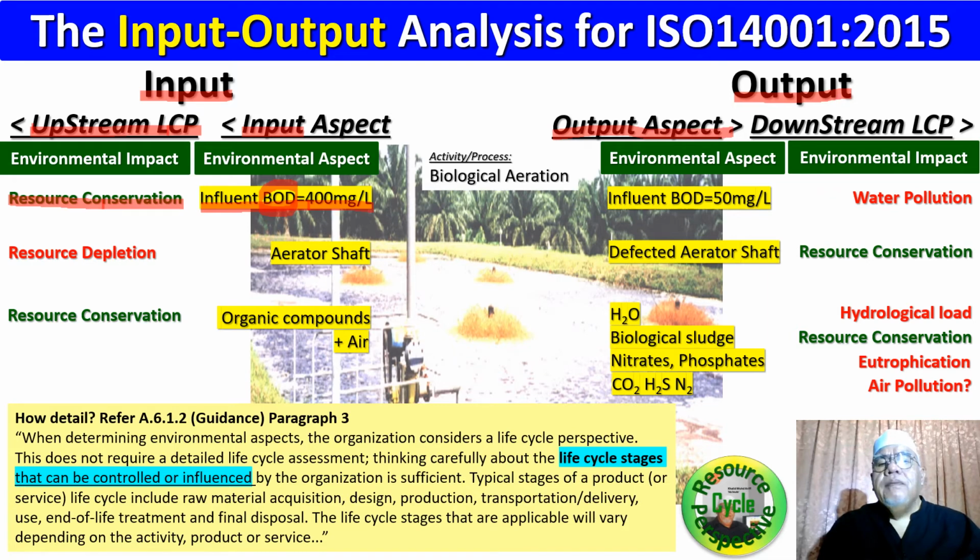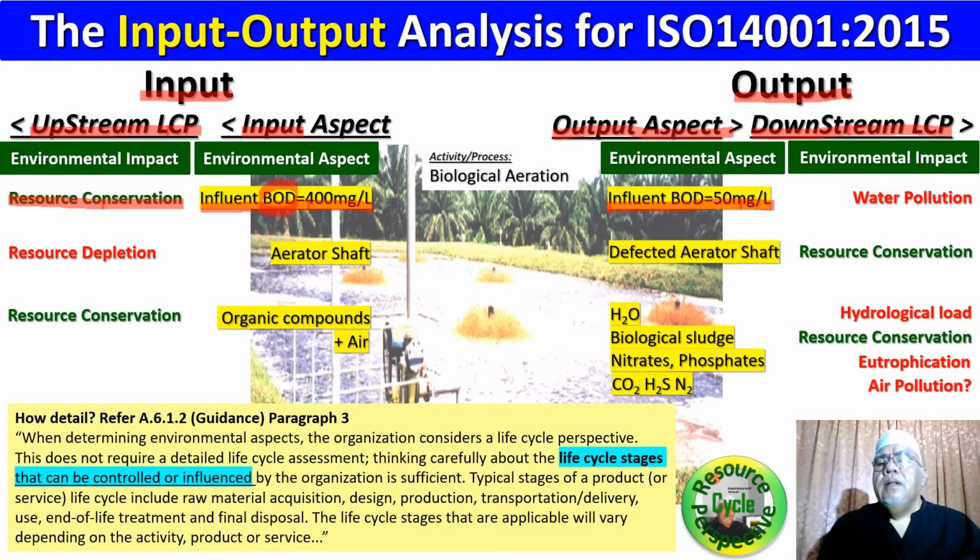There you are. After treatment, the BOD, so-called biological oxygen demand, reduces from 400 to 50 milligram per liter. So what is its impact to the environment? We have to look at where it interacts downstream of its life cycle, meaning what happens next. It will finally be discharged from this treatment plant into the watercourse, into the river, into the ditches, for example.